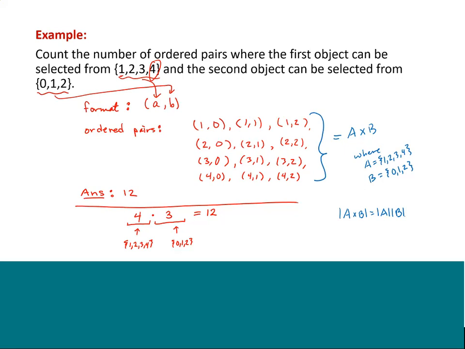So here with our cross product, what happened? We said that the total number of elements in our cross product, so with the counting, the total number of ordered pairs, was going to be exactly the same as just multiplying the two cardinalities, or in terms of what we have, multiplying the number of objects that could be in set 1 by the number of objects that could be in set 2.